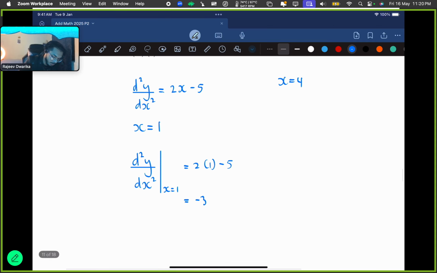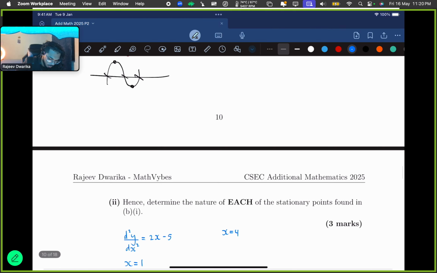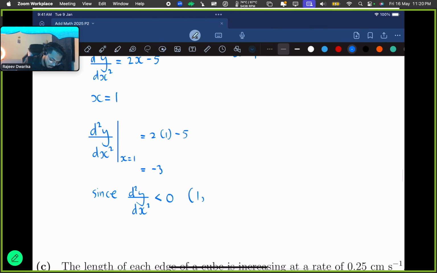And so since d2y dx squared is less than 0, the point 1, 4 over 3 is a maximum. The way to remember it, if you're less than 0, your face is crying. And so yeah, it's a maximum.